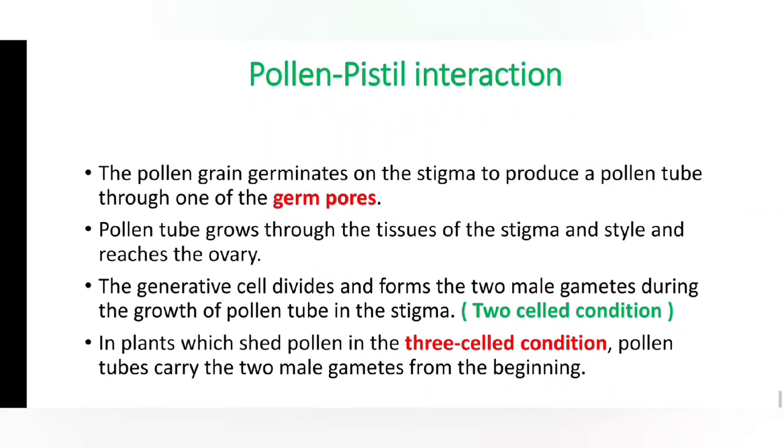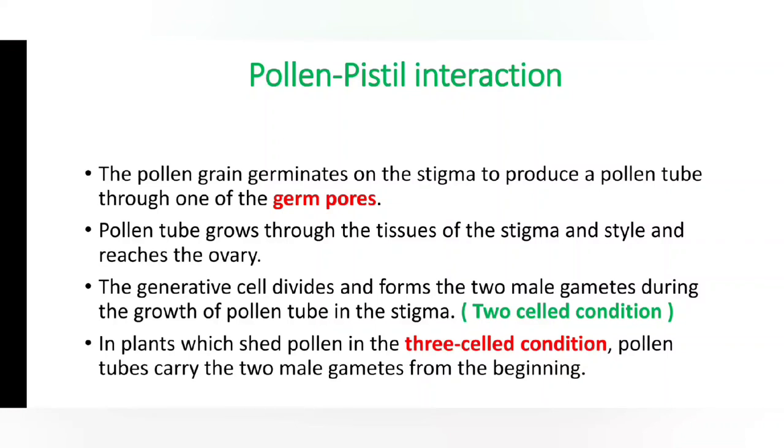Pollen-pistil interaction. The pollen grain germinates on the stigma to produce a pollen tube through one of the germ pores. As we have already studied, where do germ pores exist? In the exine, in the gaps, germ pores exist. So through these germ pores, the pollen grain germinates on the stigma to produce a pollen tube.